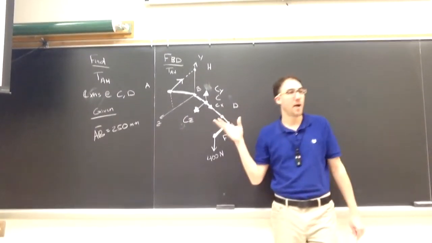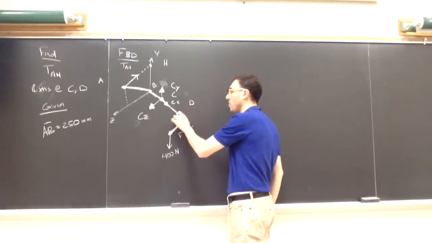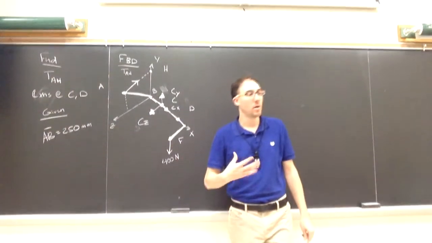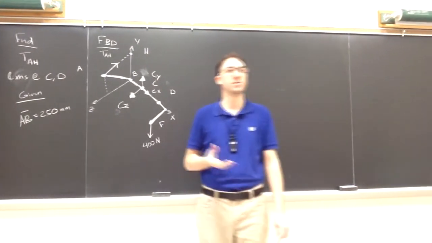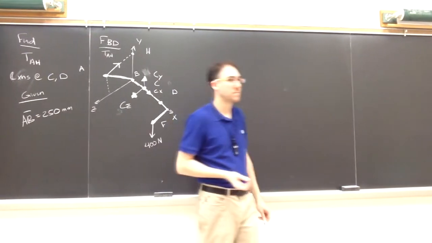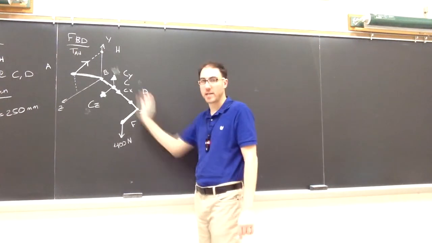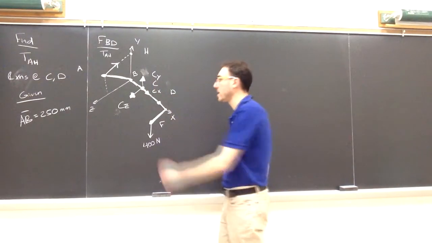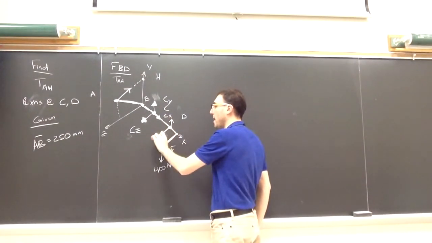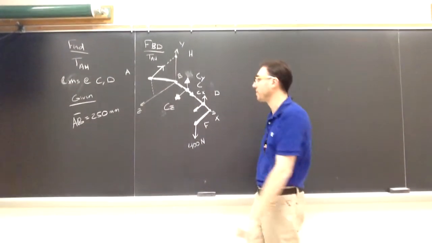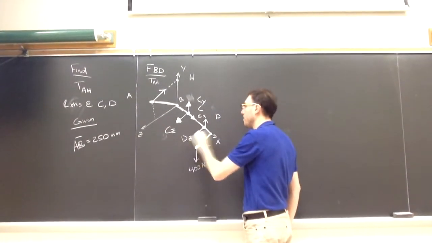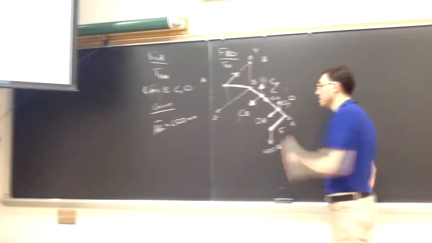Now we go to the bearing at D. This is a journal bearing, so what translations are prevented due to the journal bearing? Right, the Y and the Z direction, the same as no matter what type of bearing, it would not be able to go normal to the longitude of the shaft. So we'll have a DZ and a DY.